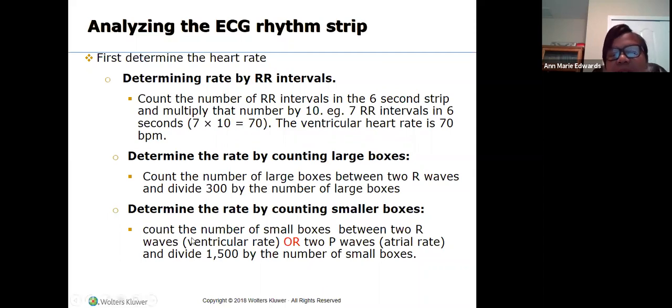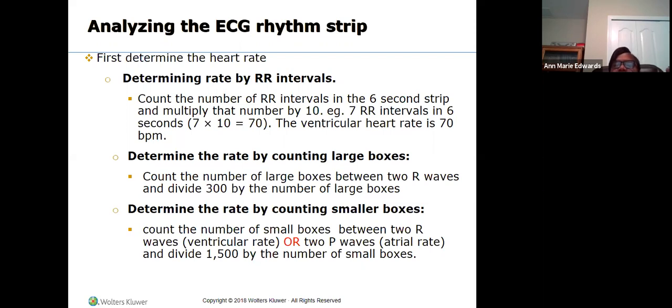Another method: count the number of small boxes between the 2 R waves again, and divide 1500 by that number. So when you count the small boxes between the RR, you divide 1500 by the number of small boxes.